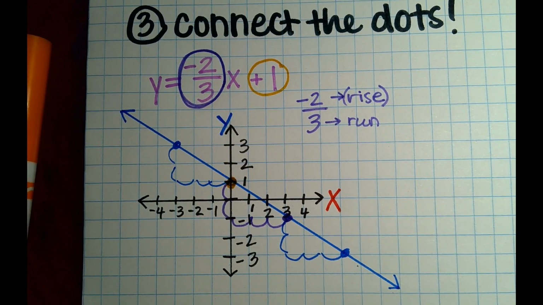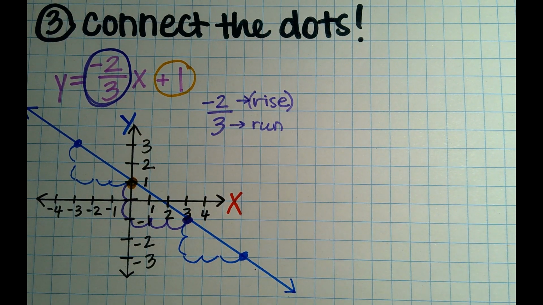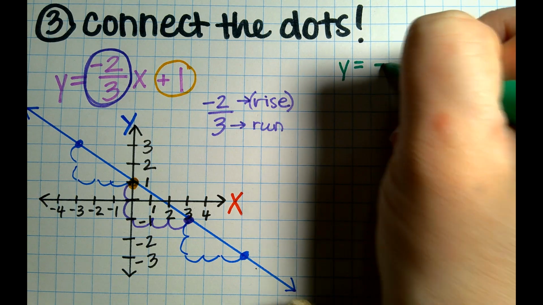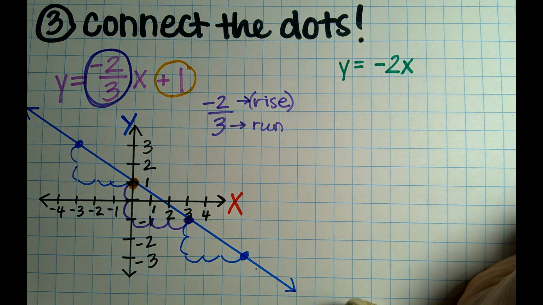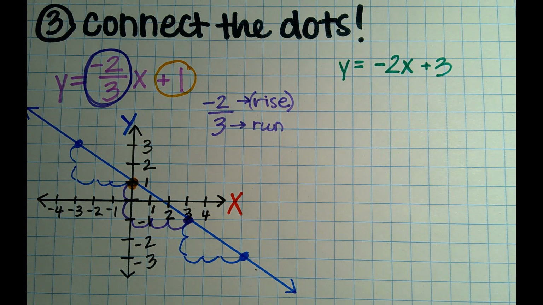Let's look at number 3 on the do now. We'll try to graph that next. Number 3, we have, let me get a different color. We've got y equals negative 2x plus 3. And I will draw another little graph.